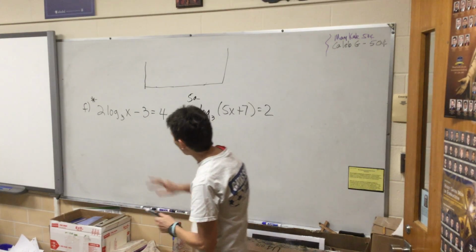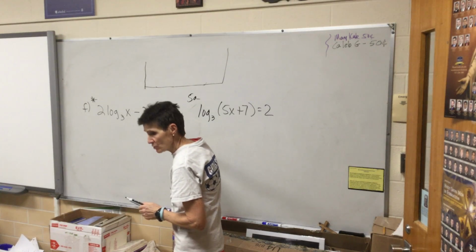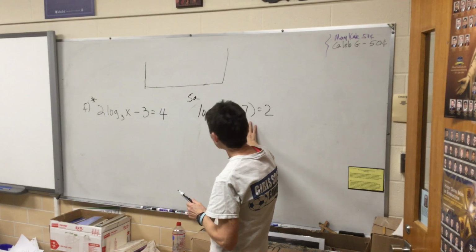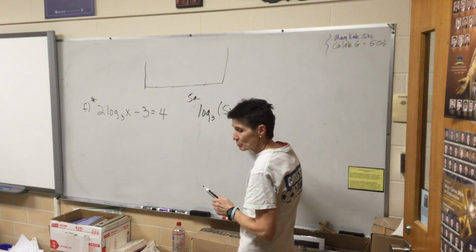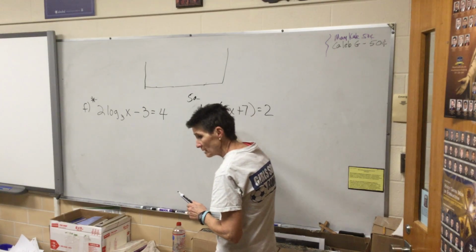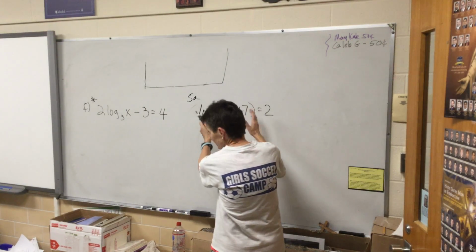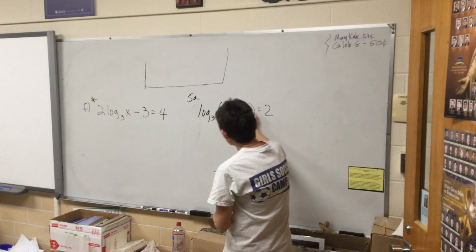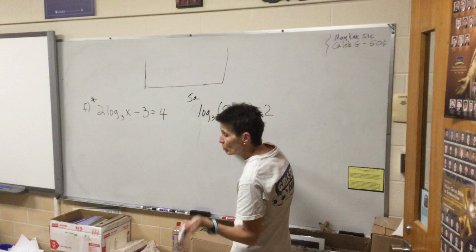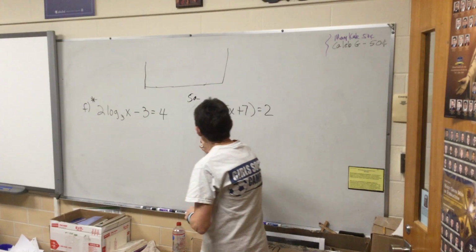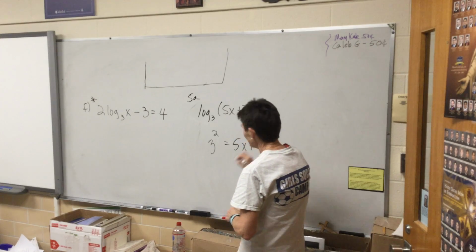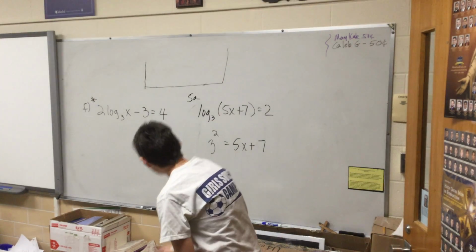I hope in problem F you added 3 first, but in problem 5A, you're not going to subtract 7 because that's part of the logarithm part right there. That's all together. So for problem 5A, we're going to go straight to loop-de-loop. So 3 to the second equals 5x plus 7. Do you guys see what I'm talking about?